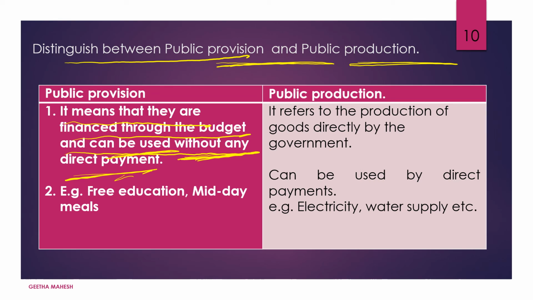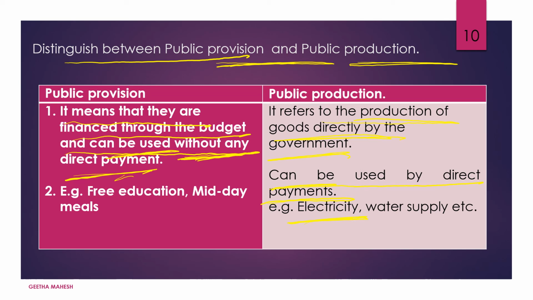Public production refers to production of goods directly by the government. No doubt goods are produced by the government, but whenever we use them, we have to make a direct payment. Take the example of electricity.